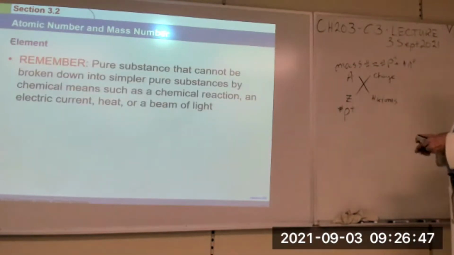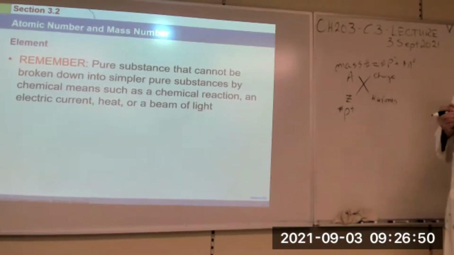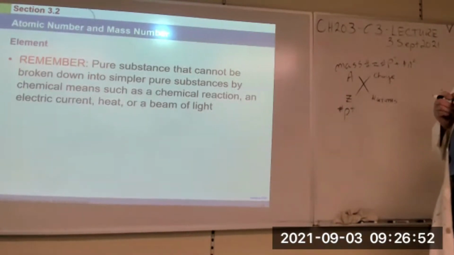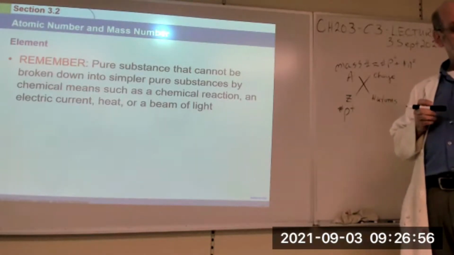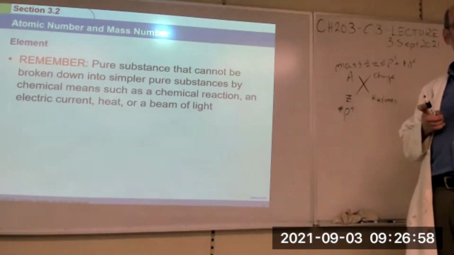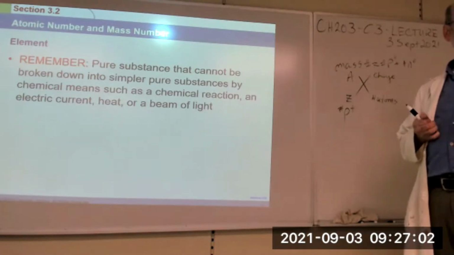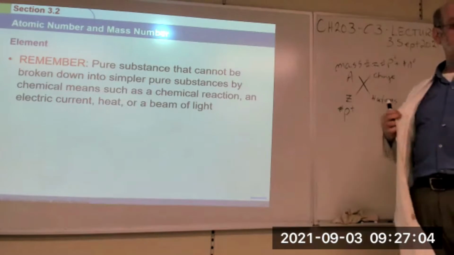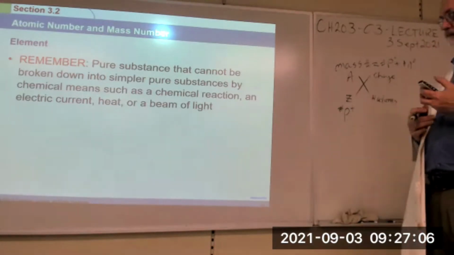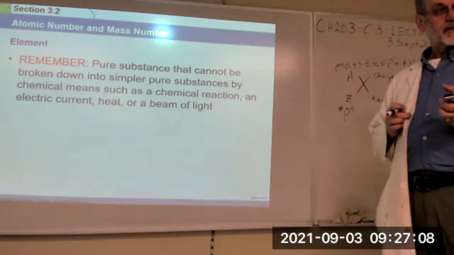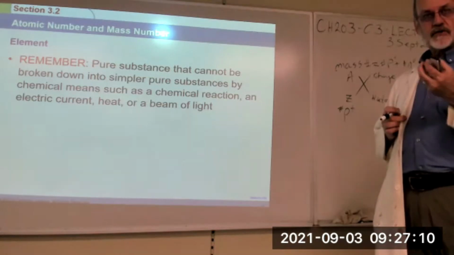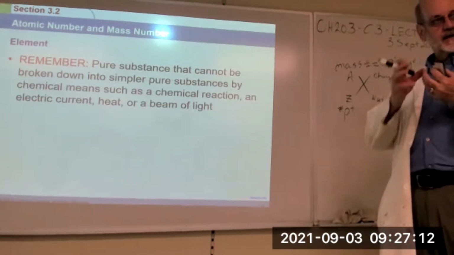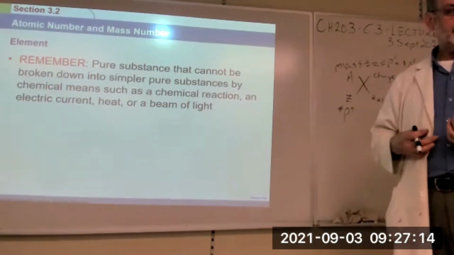Okay. Elements are considered pure substances. In other words, if you have an element, you cannot separate out anything else other than subatomic particles by physical means. So you can't get at the subatomics anyway. If it's pure, then there's no way to separate physically other substances from it.